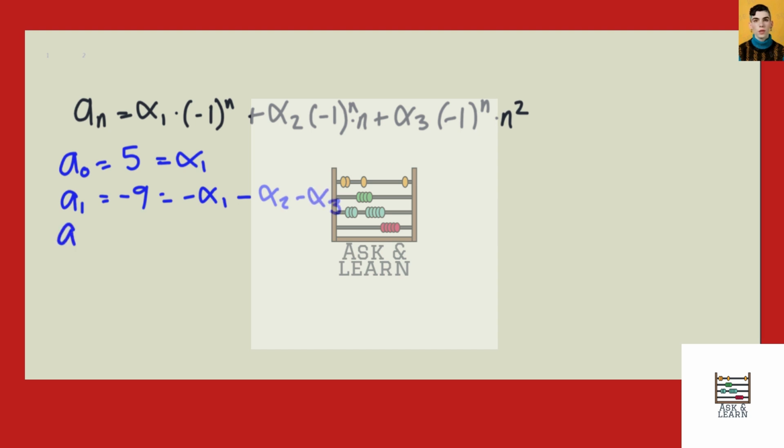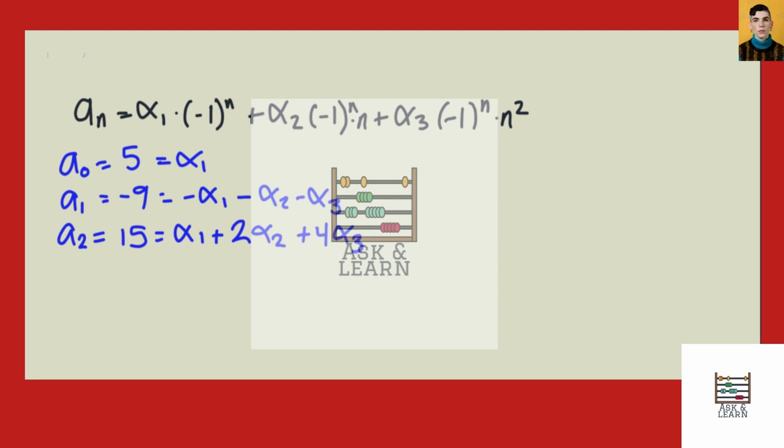And our last one, a_2, was given to us as 15. If we put a 2 in for n in this top equation, we end up with 15 is equal to alpha 1 plus 2 alpha 2 plus 4 alpha 3.